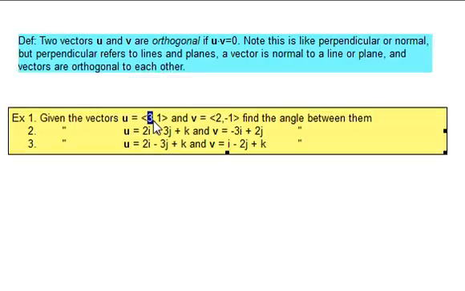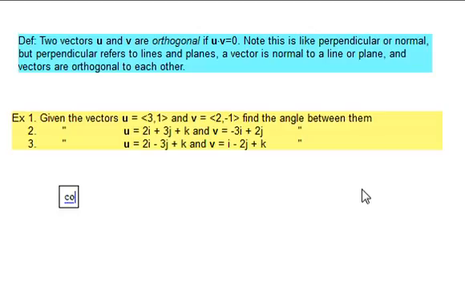Given the vector 3, 1 and the vector 2, negative 1, find the angle between them. Okay, well, for the first one, we're going to say cosine of theta would be equal to the dot product, which is 6 minus 1, so 5, divided by the length of this vector, which is, can you see it?